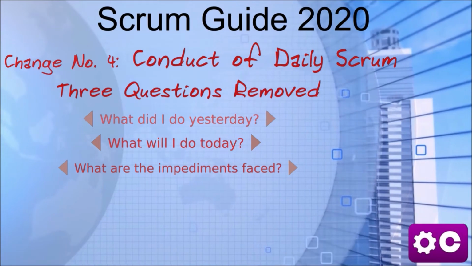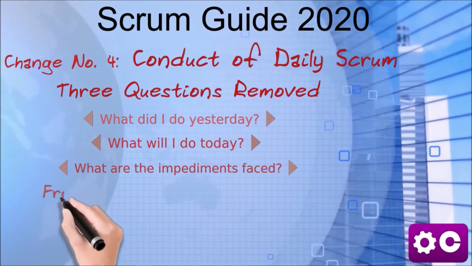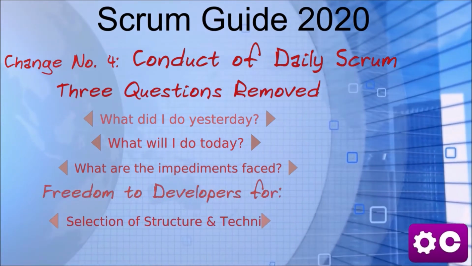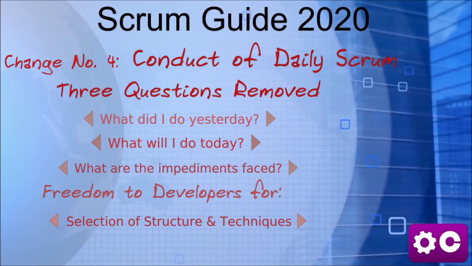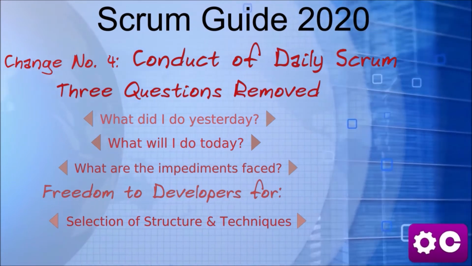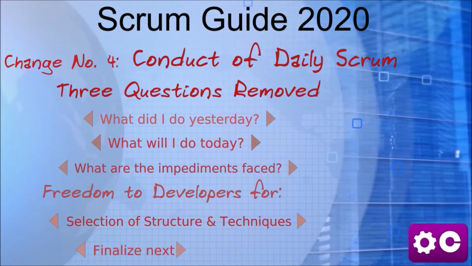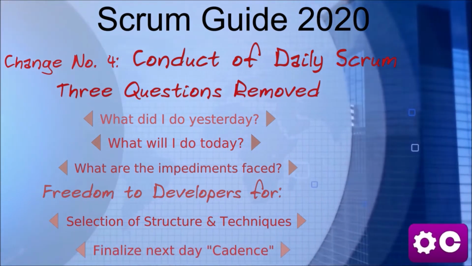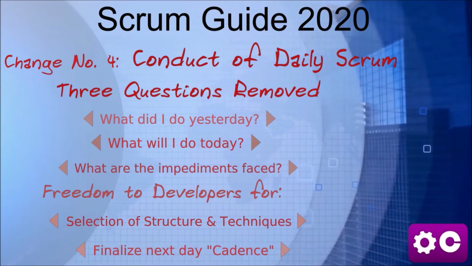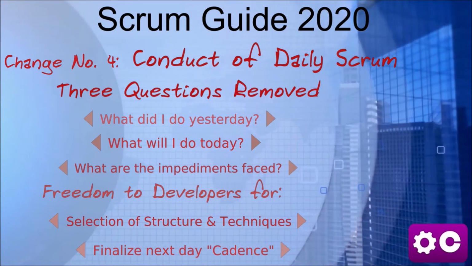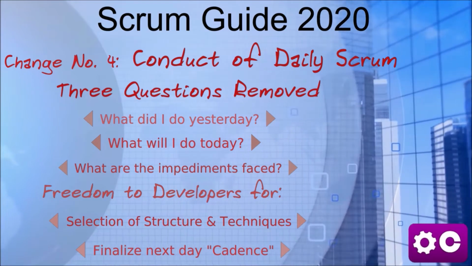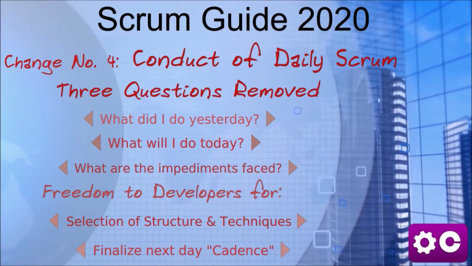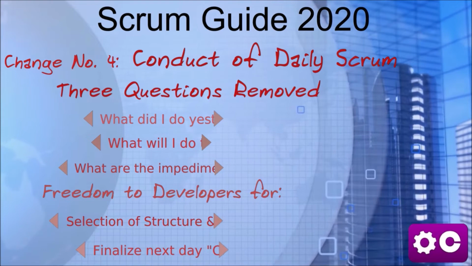The developers are given the freedom to select the structure and technique to run the daily Scrum, as long as the daily Scrum is focused toward the sprint goal and the actions for the next day's cadence get finalized. And that brings me to the new word, cadence. The 5 Scrum events are the cadence that helps Scrum teams to inspect adequately.